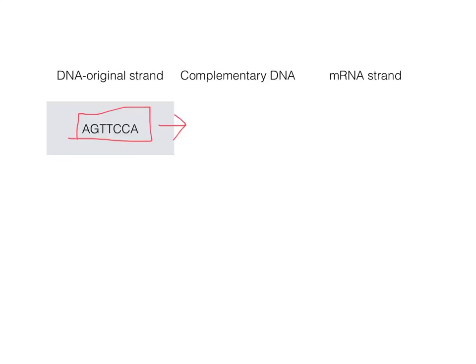What would the complementary DNA strand look like that goes with that? Hopefully I wrote it right, but you guys can check. So everything that was an A becomes a T, G's become C's, T's become A's, C's become G's. So our complementary strand looked like this.